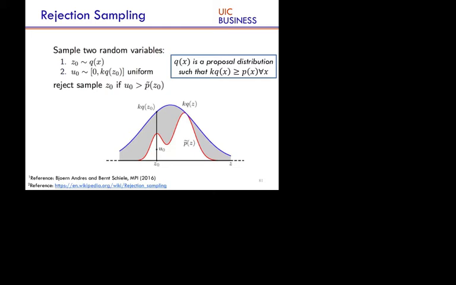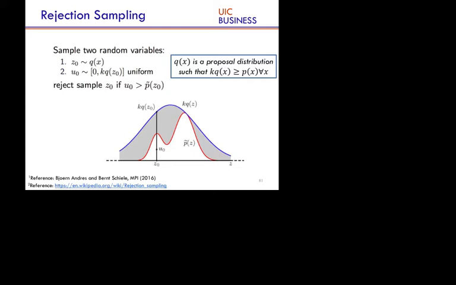Hopefully this is going to be easy to sample. For example, you can see that this looks like a Gaussian, right? Whereas p is maybe hard to encode. Then you draw a sample from that distribution, q of z, and then you look at the value of k times q of z.